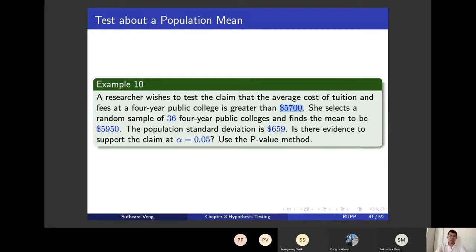She selects a random sample of 36 4-year public colleges and finds the sample mean to be this. And we know the population standard deviation is this. The question is: is there evidence to support the claim at this significance level? And we are required to use the p-value method.